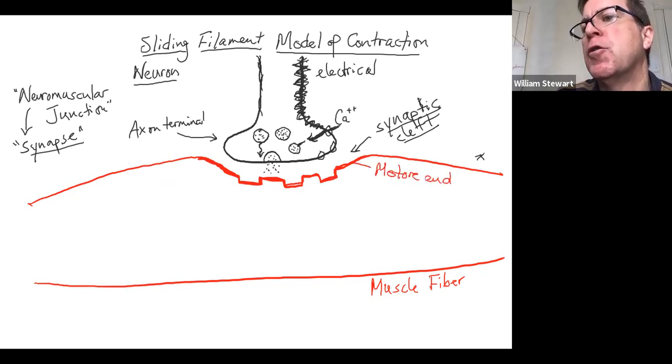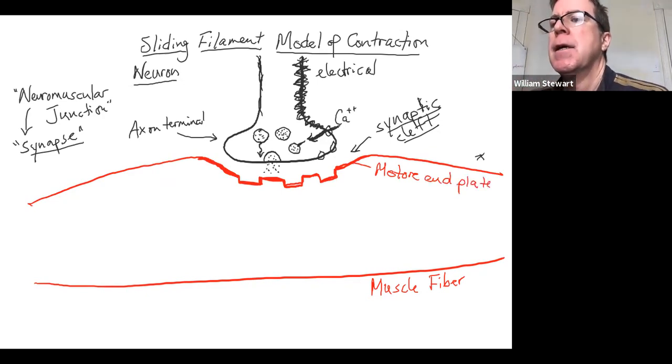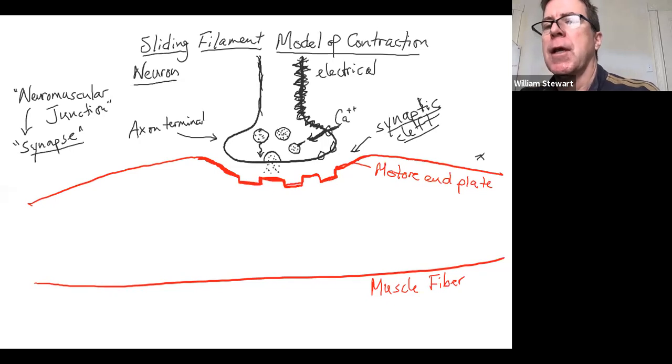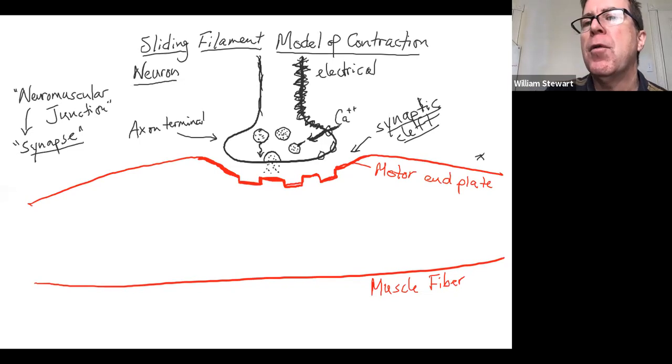This is all language your book uses to explain this process. So the motor end plate has receptors on the end of it. The receptors I'm going to highlight in blue.